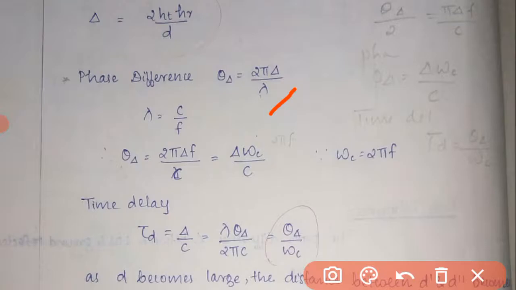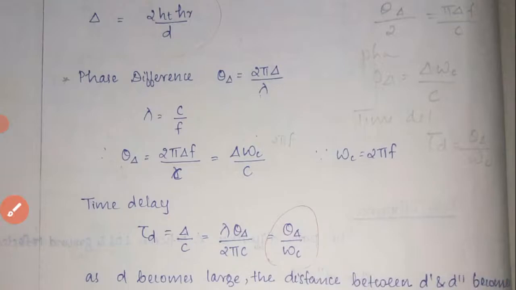So the tau d value is equal to lambda theta del by 2 pi c. If we substitute the value of lambda, we can write it as theta del by omega c. Lambda is equal to c by f, right? So the c and c cancel, and we get theta del by 2 pi f, and 2 pi f is equal to omega c.